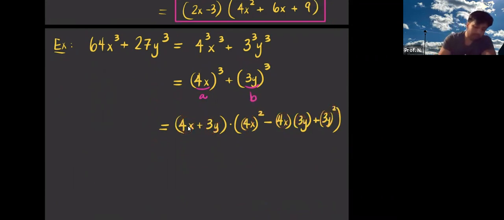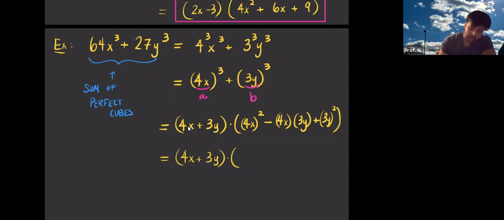So let me make sure I got this. This is a sum of perfect cubes. So then what do I have? I got 4x plus 3y, and then (4x) squared, which is 16x squared, 4x times 3y is minus 12xy, and (3y) squared becomes 9y squared.